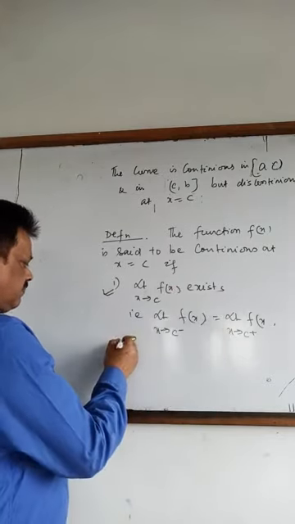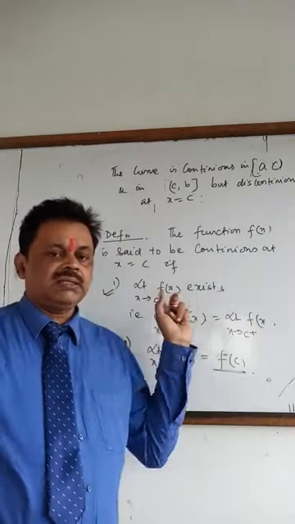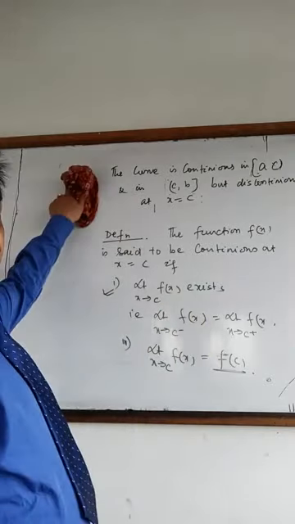Then you say the limiting value, limit as x tends to c of f(x), equals f(c), means the direct value you put, then it will be equal. So what does it mean? This will be clear by taking one example here.